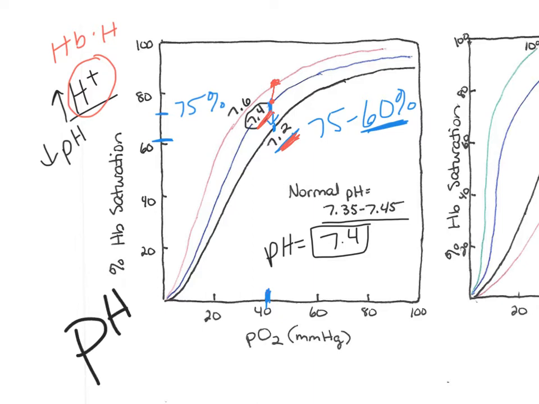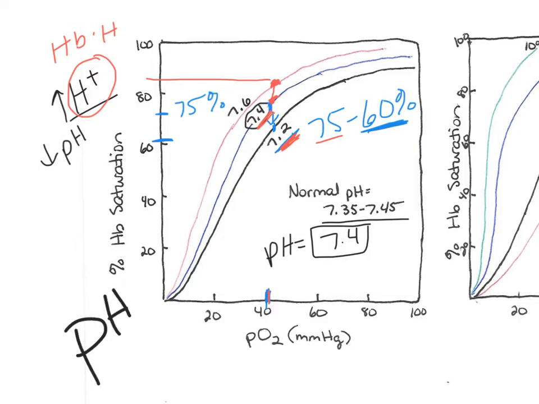Again, if we look at a PO2 of 40 and we start at a pH of 7.4, which is at 75% saturation, and go up to a pH of 7.6, then we can see that the hemoglobin saturation is going to be well over 80%.